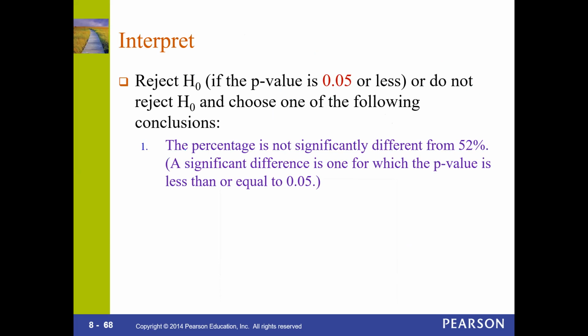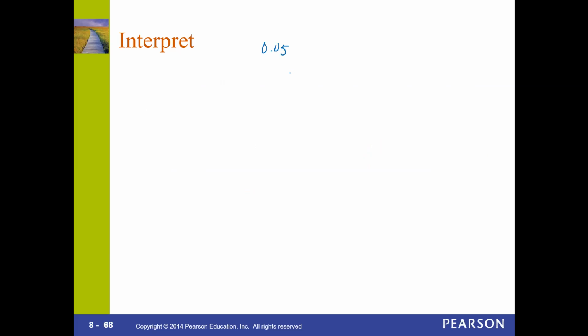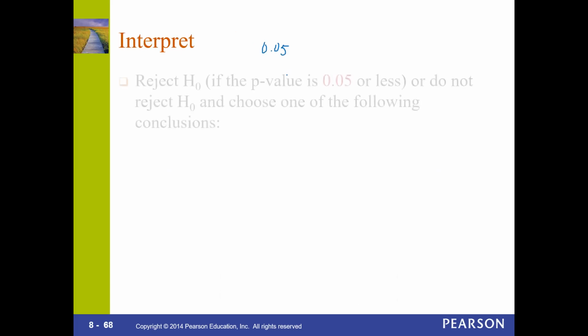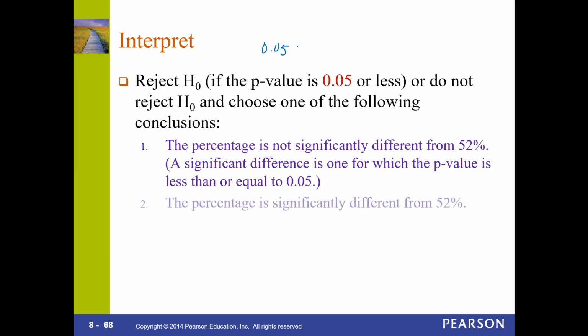Because the percentage is not significantly different from 0.52, because your p-value, which is, what was it again, 0.0531, is bigger than alpha. Okay. So I'm going to say do not reject H0.